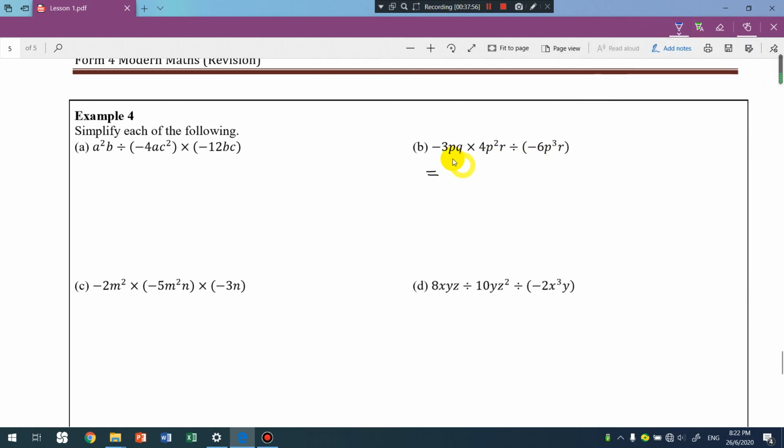Blue color, okay. So negative 3bq times 4p squared r, divided over negative 6p to the power 3 r. Okay, so I just combine these two together first. 4 times negative 13, you can just press a calculator.